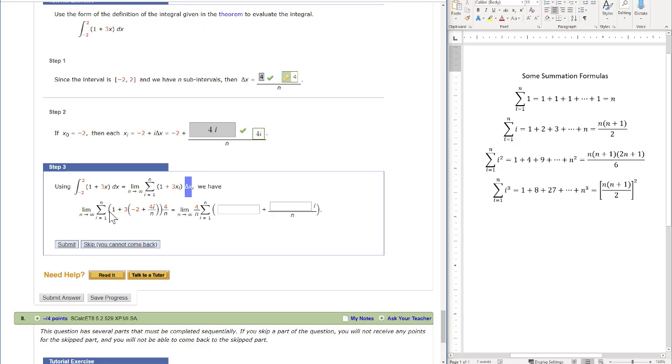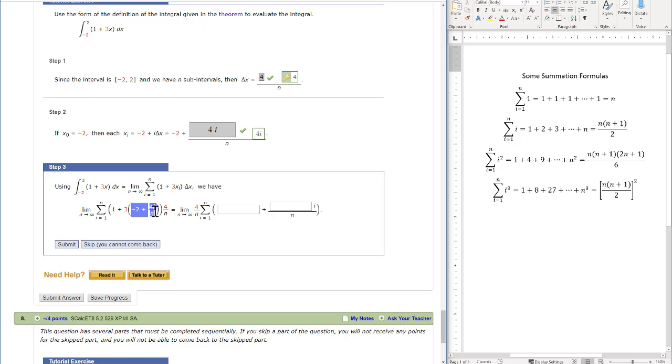So we put in the appropriate values. We have the 1 plus 3 times x sub i. Now this x sub i is the value of x sub i that we got from step 2. x sub i is going to be -2 plus i times delta x. And remember that delta x is 4 over n.